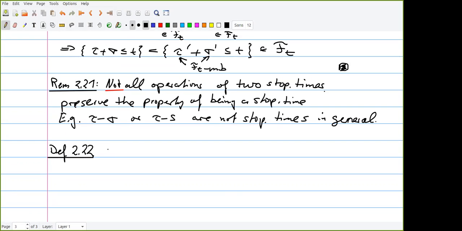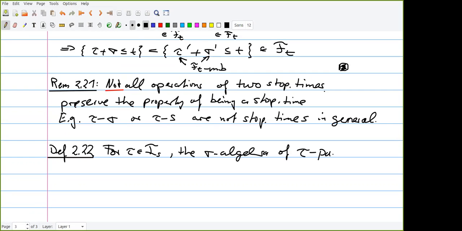So for tau being a stopping time here, the sigma algebra of the tau past, right?